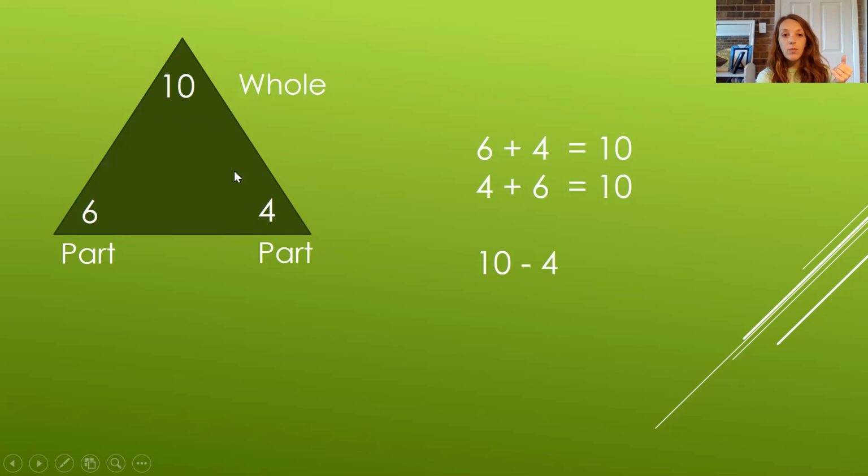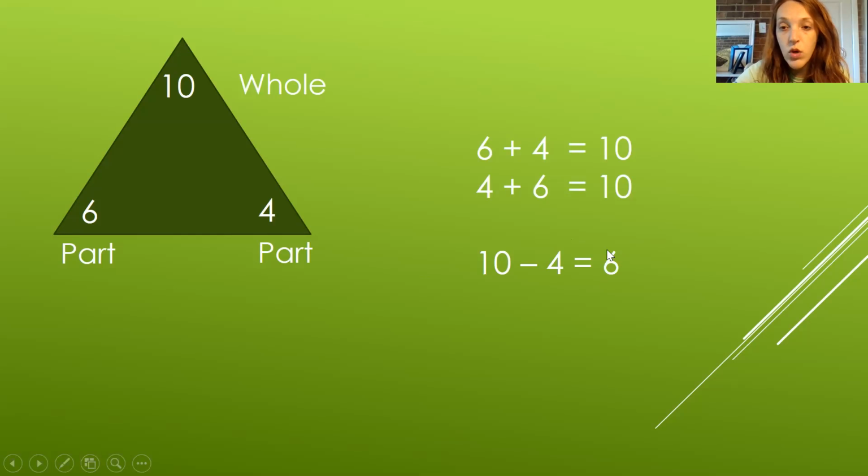So I'm going to take away the part 4. So if I have 10 and I take away 1, 2, 3, 4, what am I left with? 1, 2, 3, 4, 5, 6. Just like this triangle shows us, 10 take away 4, there's just going to be 6 left.